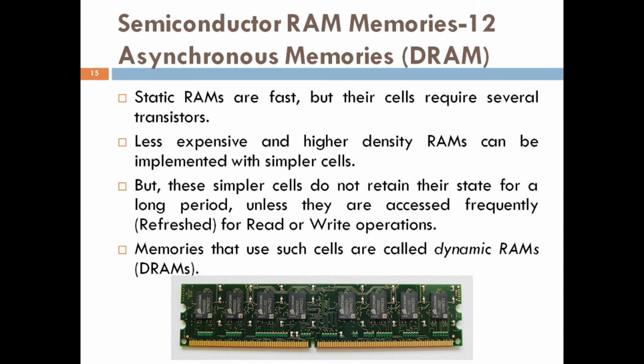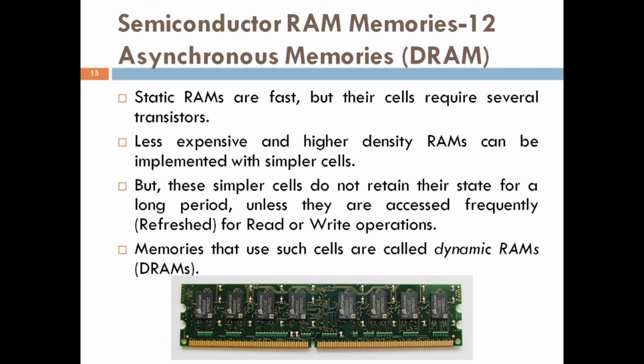Next is asynchronous DRAMs, asynchronous dynamic RAMs. Static RAMs are fast, but they come at a very high cost because their cells require several transistors. So less expensive RAMs can be implemented if simpler cells are used. However, such cells do not retain their state indefinitely.